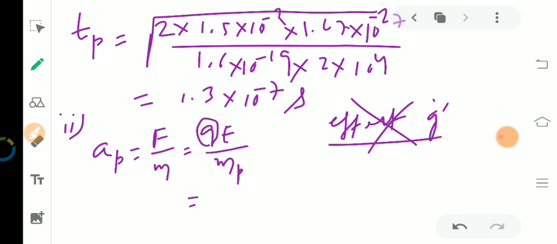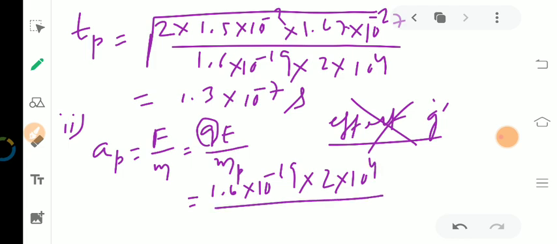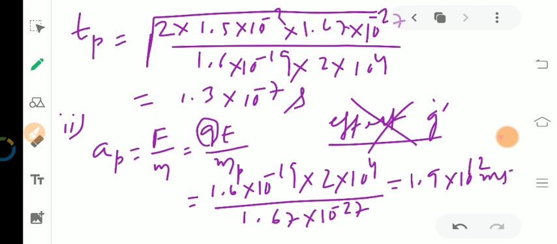When you put the value 1.6 into 10 to the power minus 19, and the electric field 2 into 10 to the power 4, divided by the mass of the proton, 1.67 into 10 to the power minus 27, you find the value 1.9 into 10 to the power 12 meter per second square.